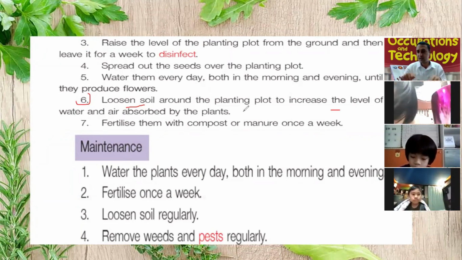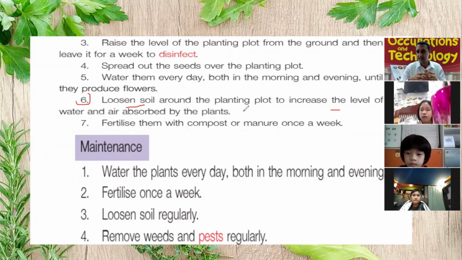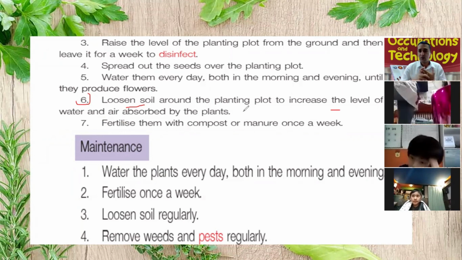What is the benefit of loosening the soil? The air absorption will be higher. So they can have air absorption, and the water level also will be more for the plant.